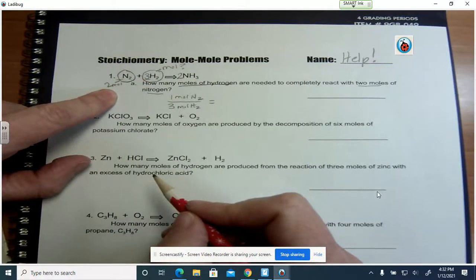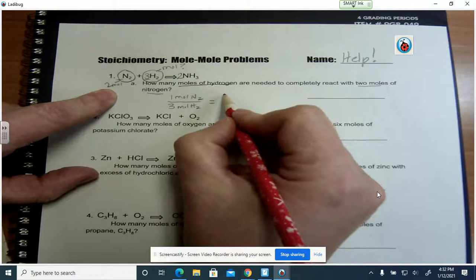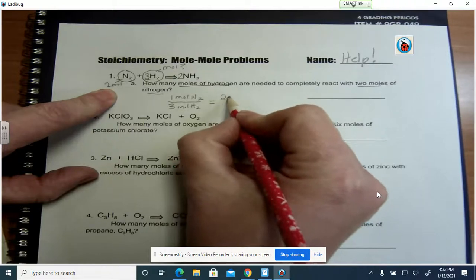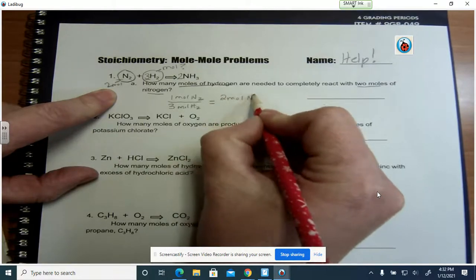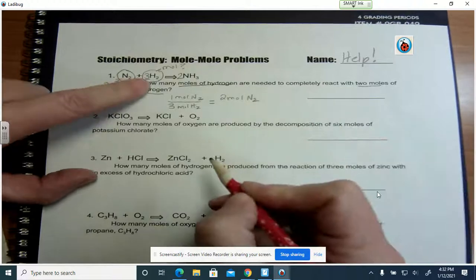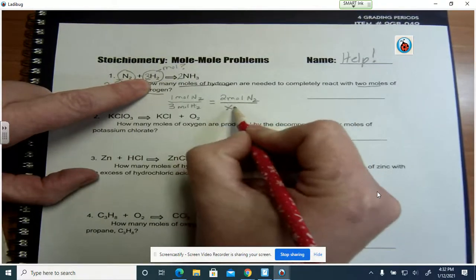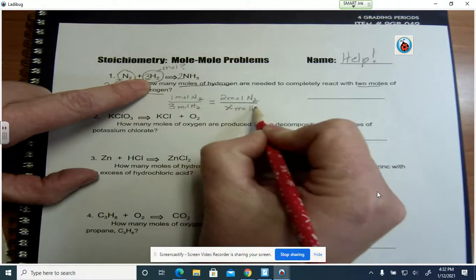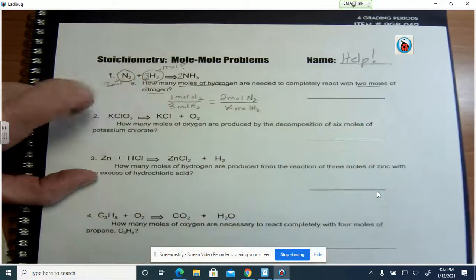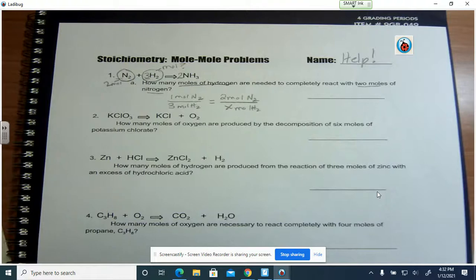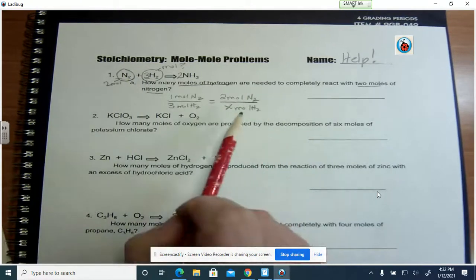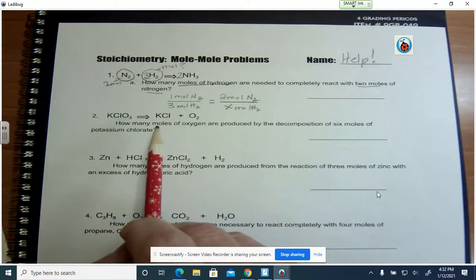So this is my new information. I have now 2 moles of nitrogen, and I want to know how much hydrogen, so I'm going to say 2 over X moles of hydrogen. That's going to let me figure out how many moles of hydrogen I would need to make this reaction work.